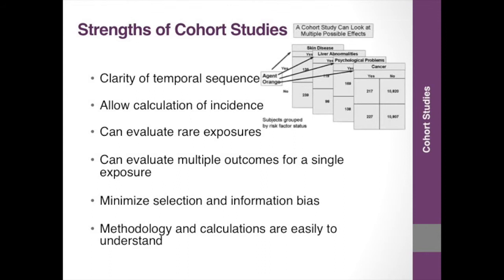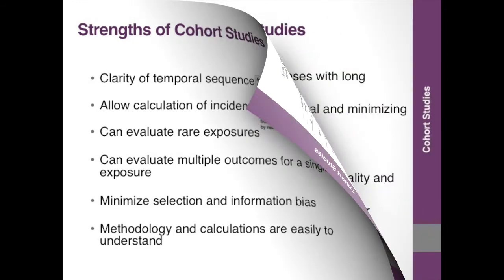They have been used to identify, for example, unusual exposures such as exposure to Agent Orange or the adverse effects of drugs such as thalidomide, or unusual occupational exposures such as asbestos.